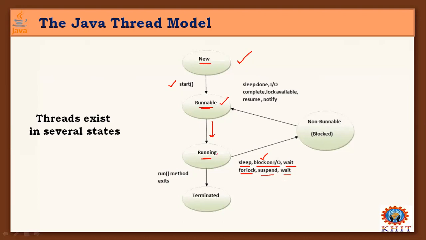Then automatically the running state will change to the blocked state, that is, the non-runnable state. Then after recovery, once the sleep is done, the blocked state is converted into runnable, not running. You have to go to the blocked state, then to the ready state, and later you come back to the running state. So here, the ready state is nothing but the runnable state.